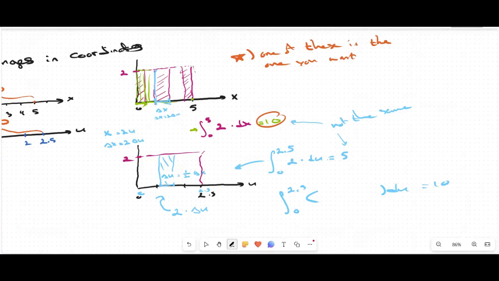But I want it to have a length of dx, or delta x. I really want to add up 2 times delta x.